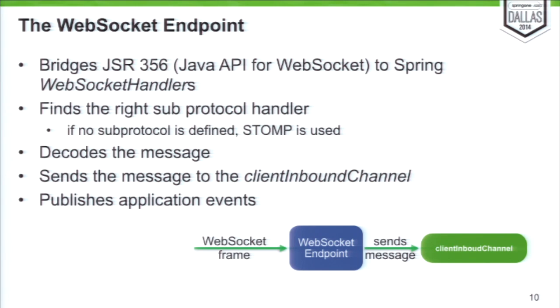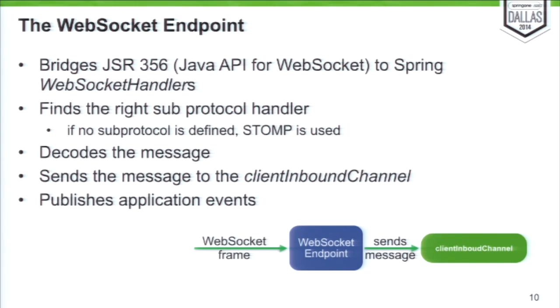The first part of the workflow is the endpoint. As said, it's a bridge between JSR 356 and the WebSocket handlers. So it's the bridge between the standard API and the Spring classes.